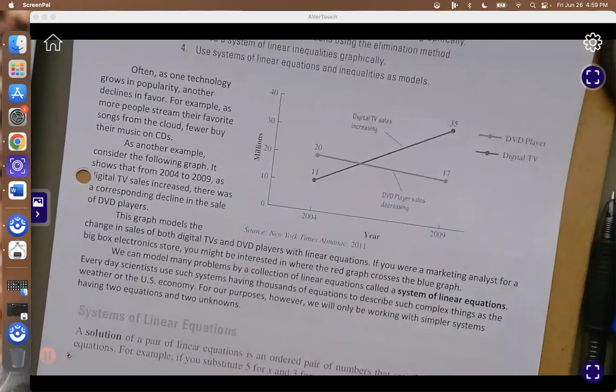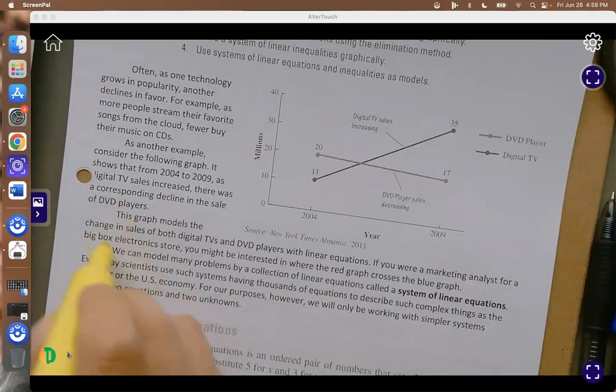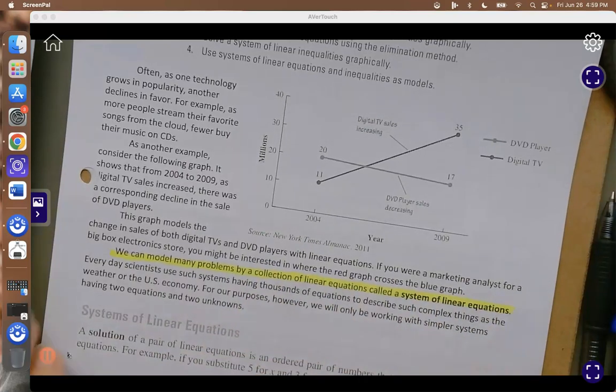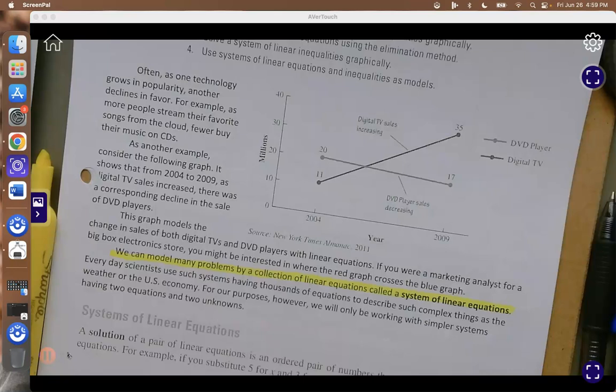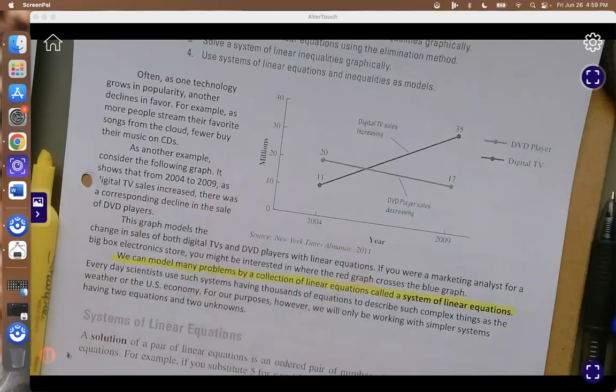So let's talk about a system of equations. We can model many problems by a collection of linear equations called systems of equations. If you look up here, they were talking about digital TV sales corresponding to the decline in sales of DVD players. So we're talking about your streaming and your satellite and things like that versus having a DVD player and renting movies.